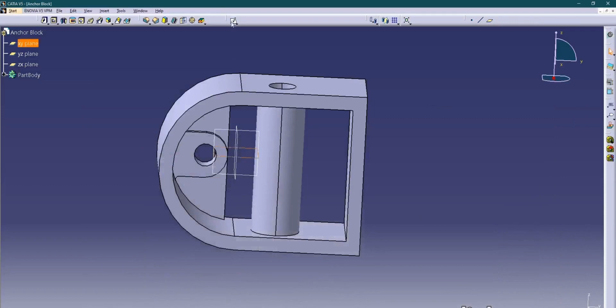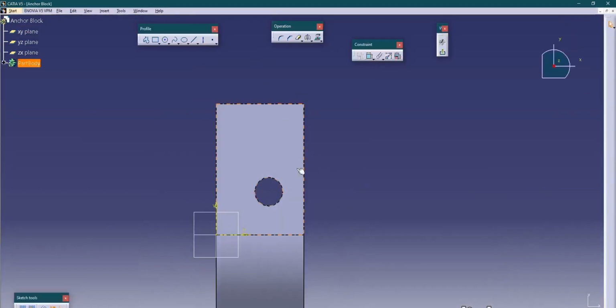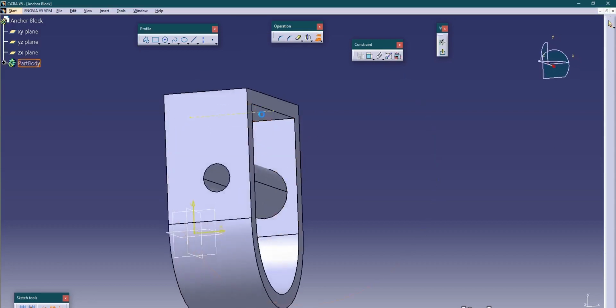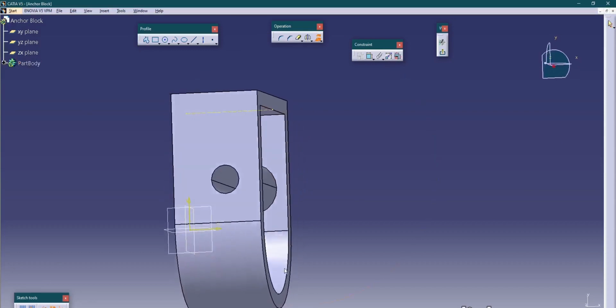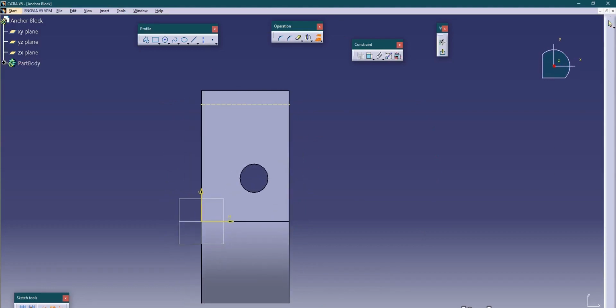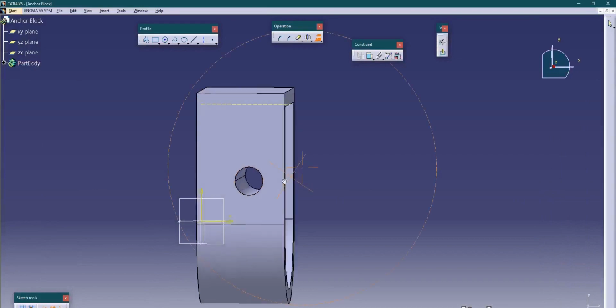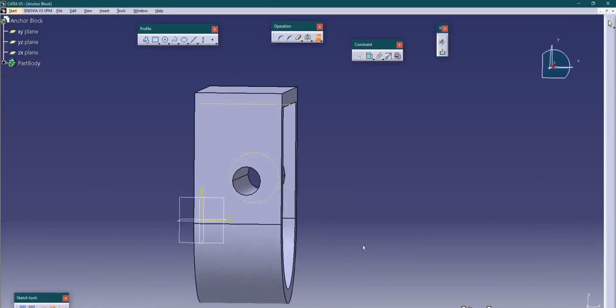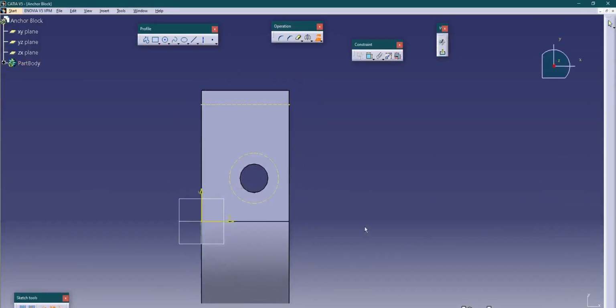Taking the midplane, okay, they will be projected in the standard mode only.